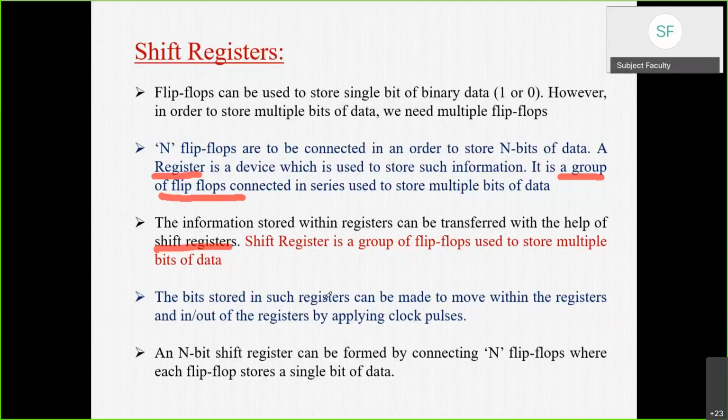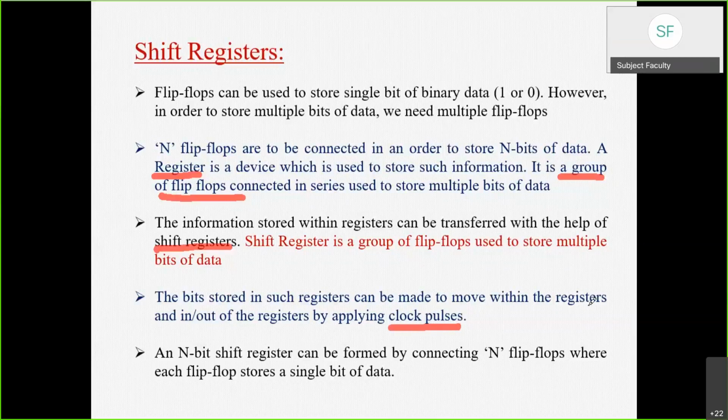The bits stored in such a register can be made to move within the register, and in or out of the register, by applying clock pulses. So the information which you have stored in terms of bits in the register can be transferred.